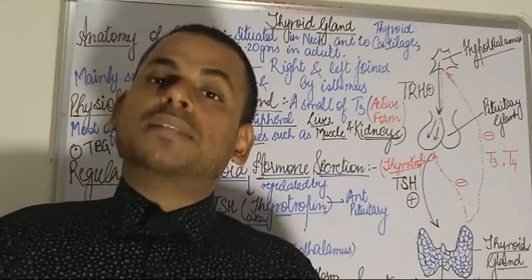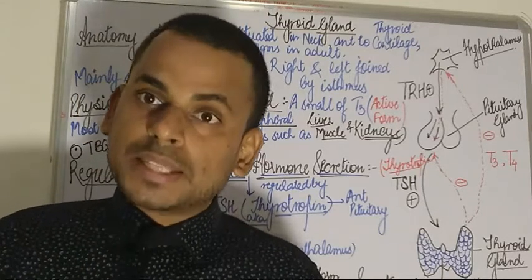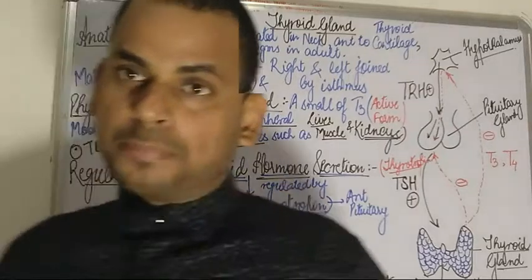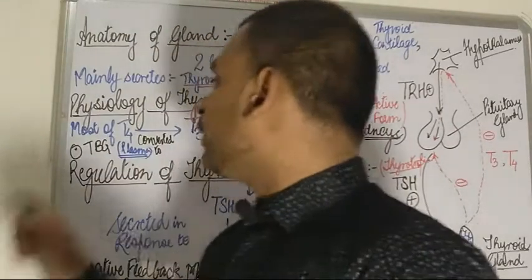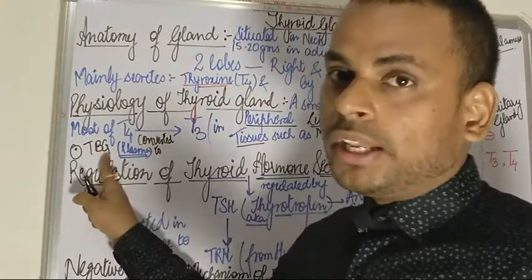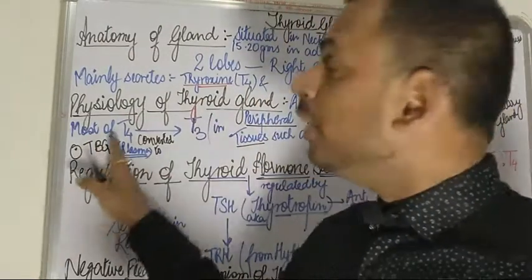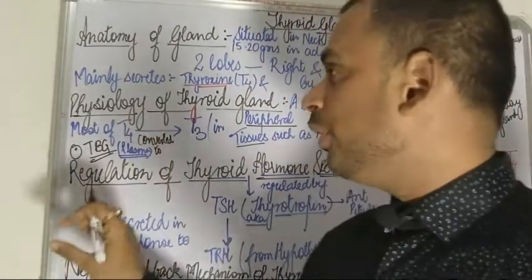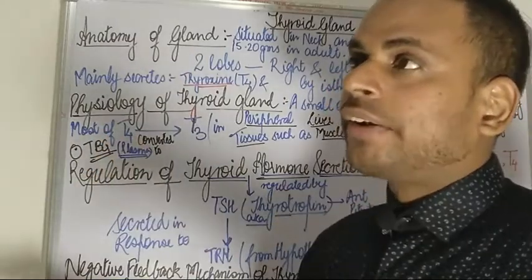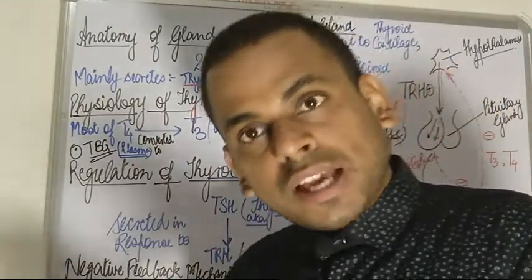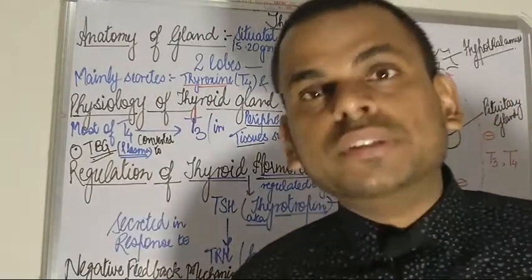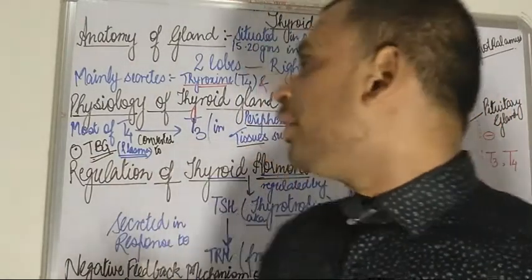So in the plasma, the thyroid hormones are circulated in the bound form, and this is the thyroid binding globulin. It is a plasma protein which binds to the thyroid hormone, and with the help of this thyroid binding globulin, the thyroid hormones are circulated into the human body.